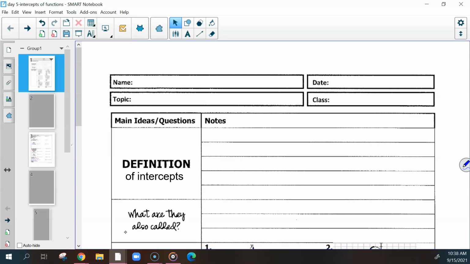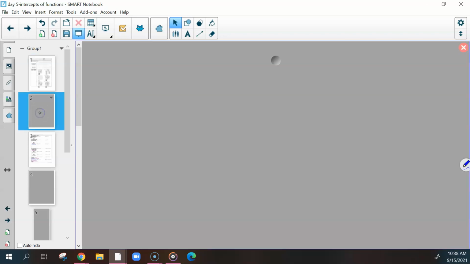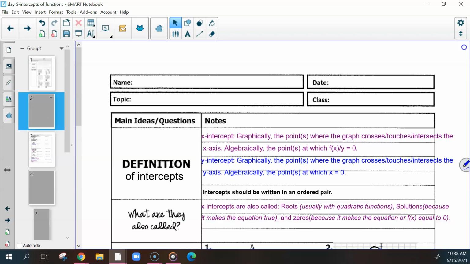So I have it written up here. We'll see if that's too hard to see, and then I'll just rewrite it. But definition of an intercept.